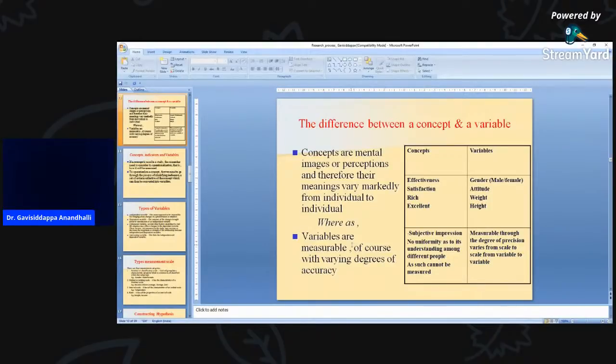A variable is nothing but something that is measurable, of course, with varying degrees of accuracy. Maybe gender is one variable. It contains subclasses, male and female. Attitude is one of the variables. It can be measured on a 5-point scale, 10-point scale, 7-point scale. Height of the person, weight of the person, everything can be measured.